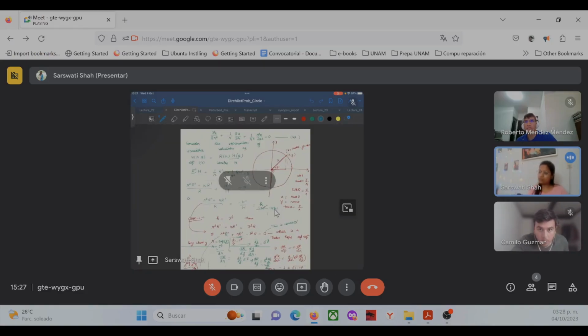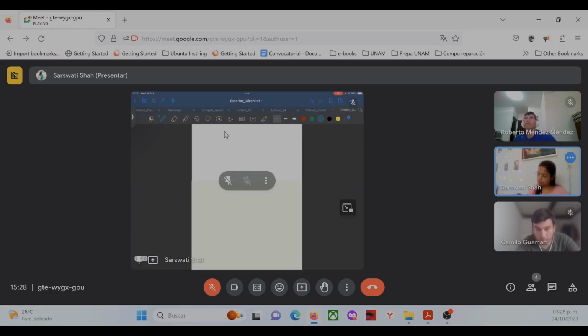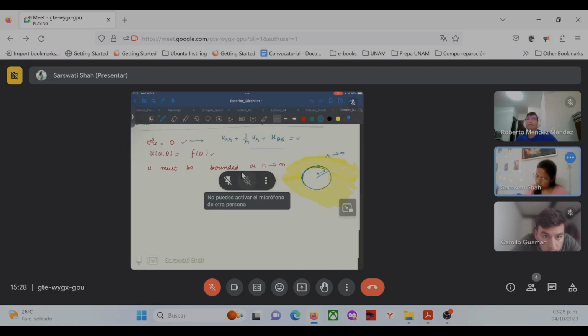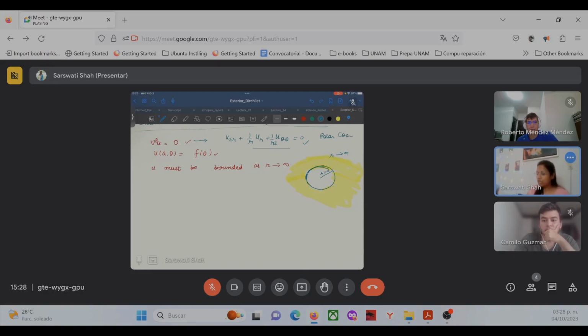Yeah, it is 1 over r square there. So this was the Laplacian in polar coordinates, because every time we have the boundary condition on r and theta, we have to have the system in that coordinate system. So it is polar coordinates. Again the periodicity condition comes because every time it completes 2 pi, it has to be the same value.